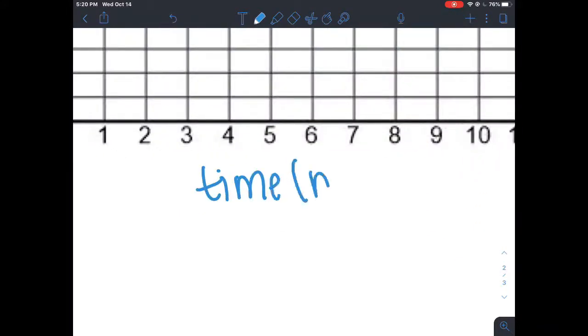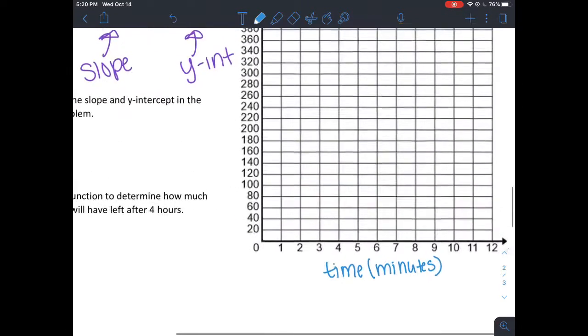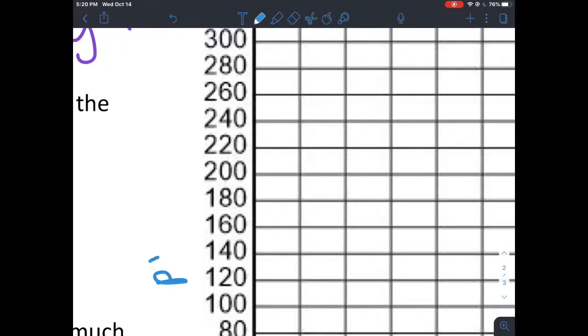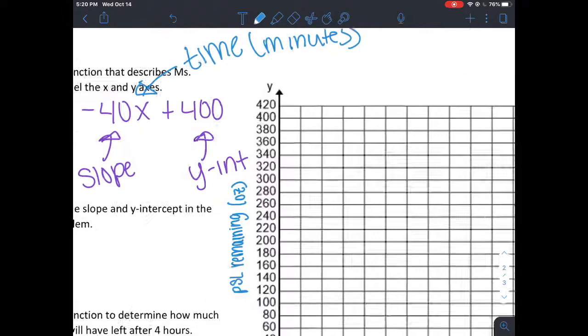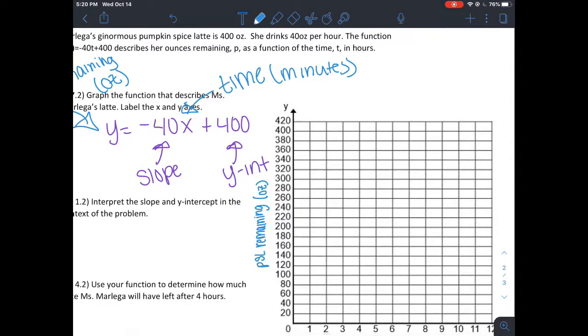So time in minutes, and then the Y is pumpkin spice latte remaining, measured in ounces.